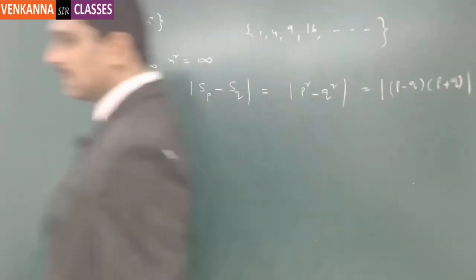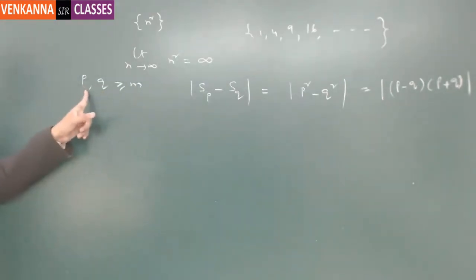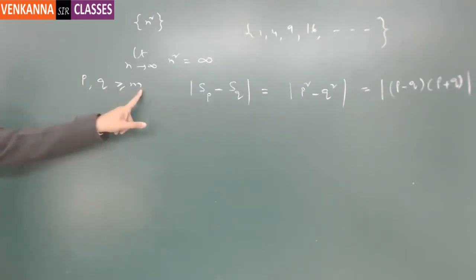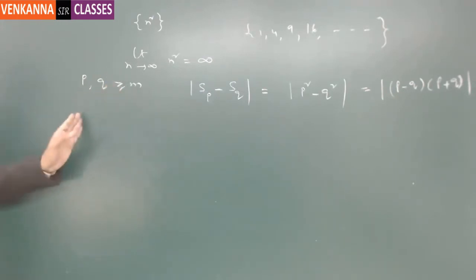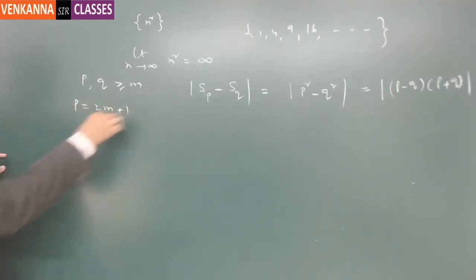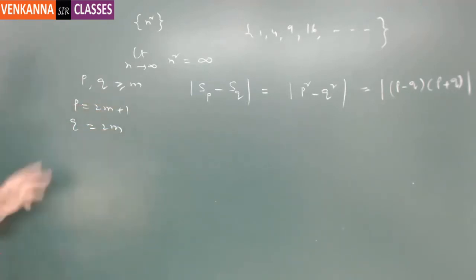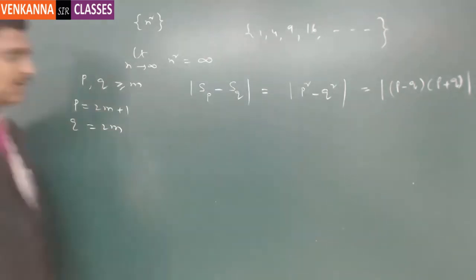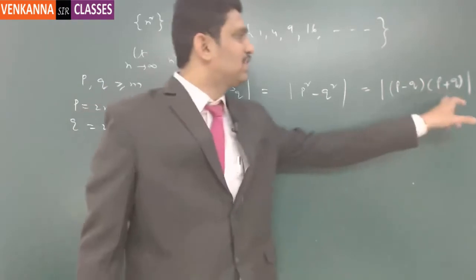Now what happens? P is a term number, Q is a term number, both bigger than M. Let us use the same technique as earlier. You take P equal to 2m plus 1, Q equal to 2m. One is even, one is odd. So you apply the same thing here. If you substitute the values here, what could it be?